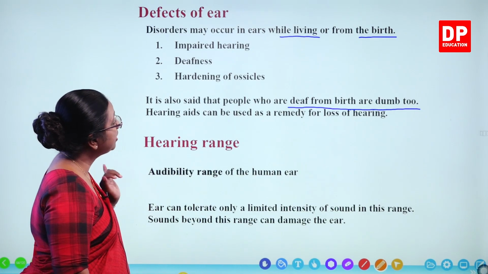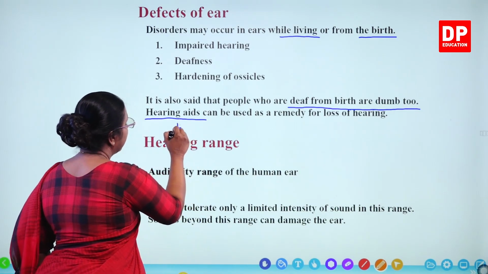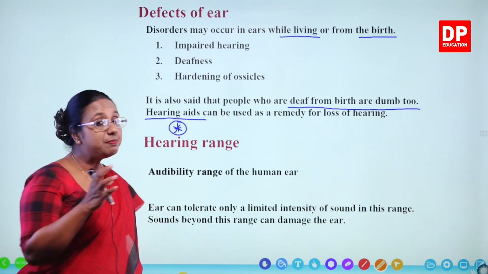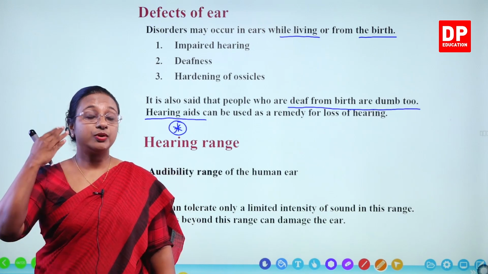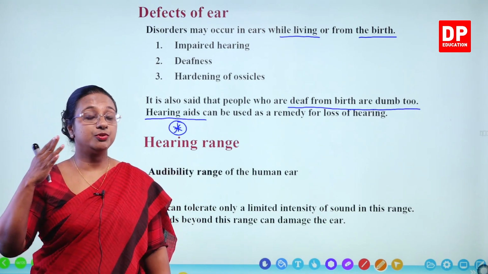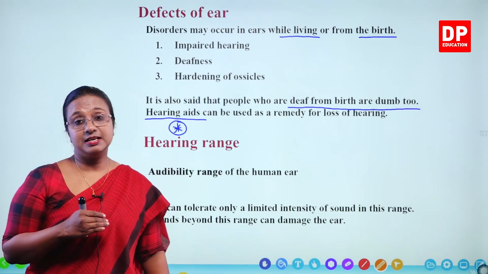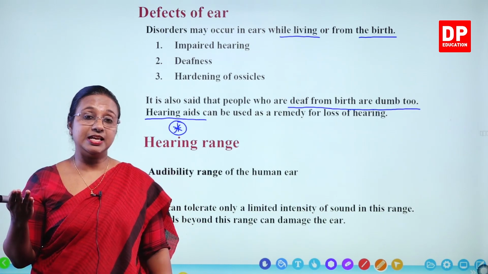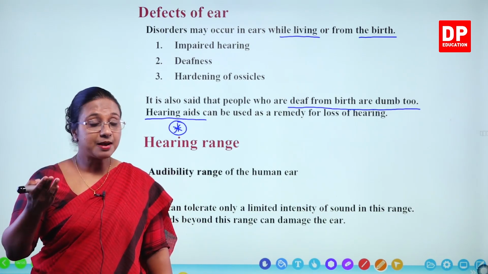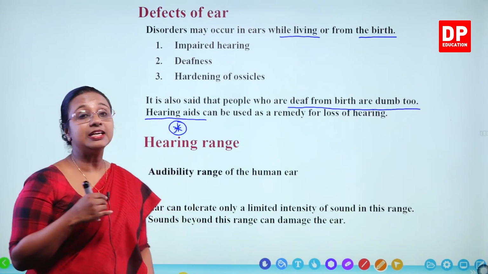Hearing aids can be used as a remedy for loss of hearing. Now, that again depends on the situation or the condition of the ear. If it is due to age or due to some disease, little by little, if you have impaired hearing and can't hear clearly, then you can use a hearing aid. Or sometimes if there is some other problem with the ear, that also can be rectified by using a hearing aid.